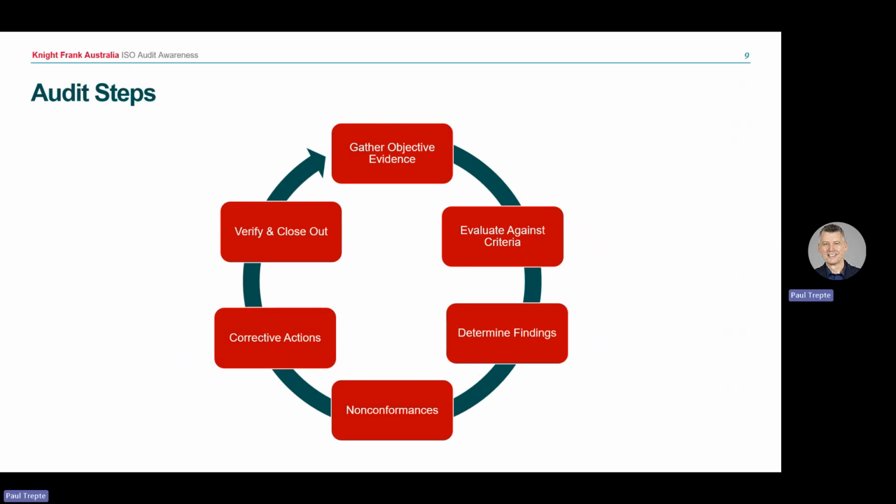The performance of an audit covers 6 steps, excluding the audit planning activity, opening and closing meetings, and report writing.